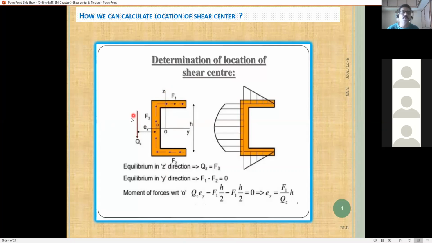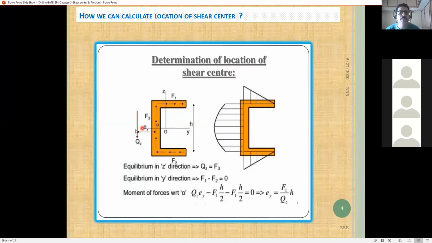It may be somewhere outside or inside, that we will check. But for a C section, the shear center will be outside of the C, not inside, along the same horizontal axis line, somewhere here. This is a very important property, and many times they ask about the C. The shear center will not be exactly at the center line of this one.